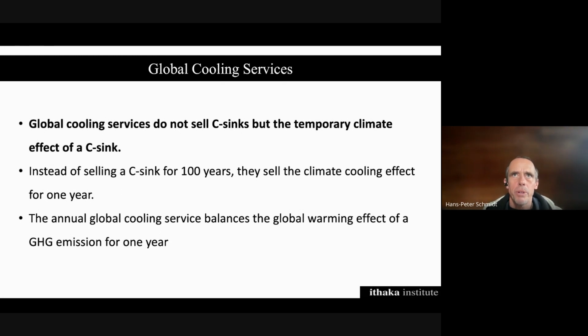If, for example, you emitted for the last 30 years, every year 10 tons, then you know the global warming effect of these 300 tons of CO2, and you can calculate the amount of carbon that has to be removed and stored for next year, and the year after it has to be renewed.